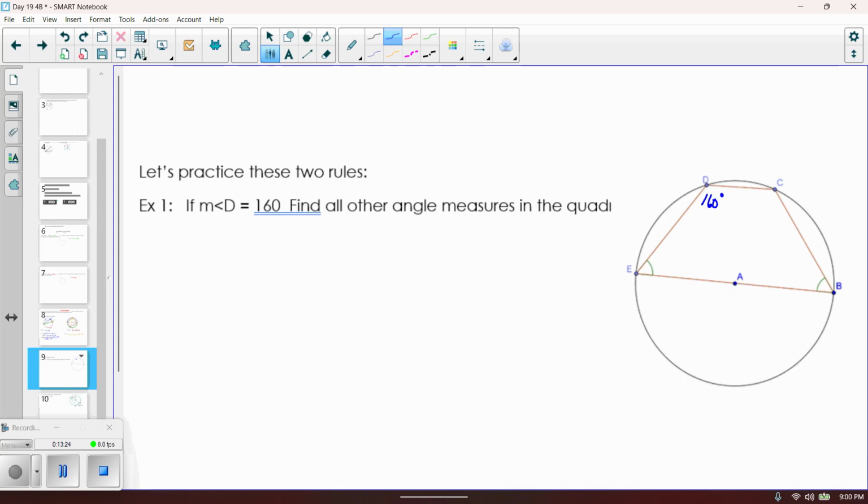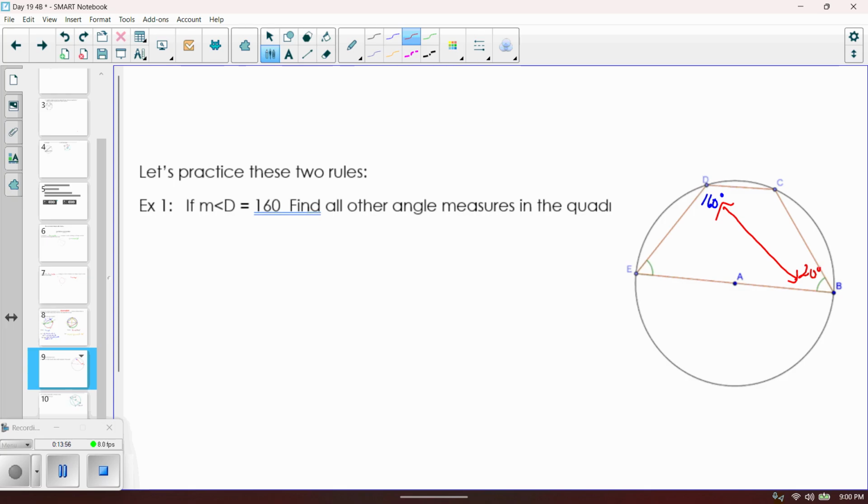Well, according to what we just talked about, because that is a quadrilateral, opposite angles are going to add up to 180 degrees. So the opposite one from D, if I were to draw something to the other side, looks like it is angle B. So 160 plus some number has to add up to 180, or you could simply do 180 minus 160, and what you should get for angle B is 20.